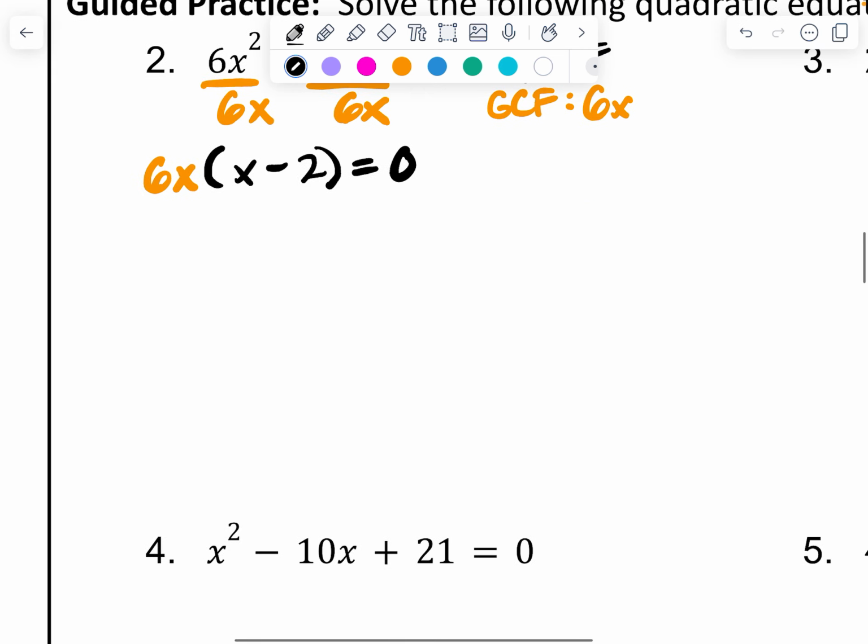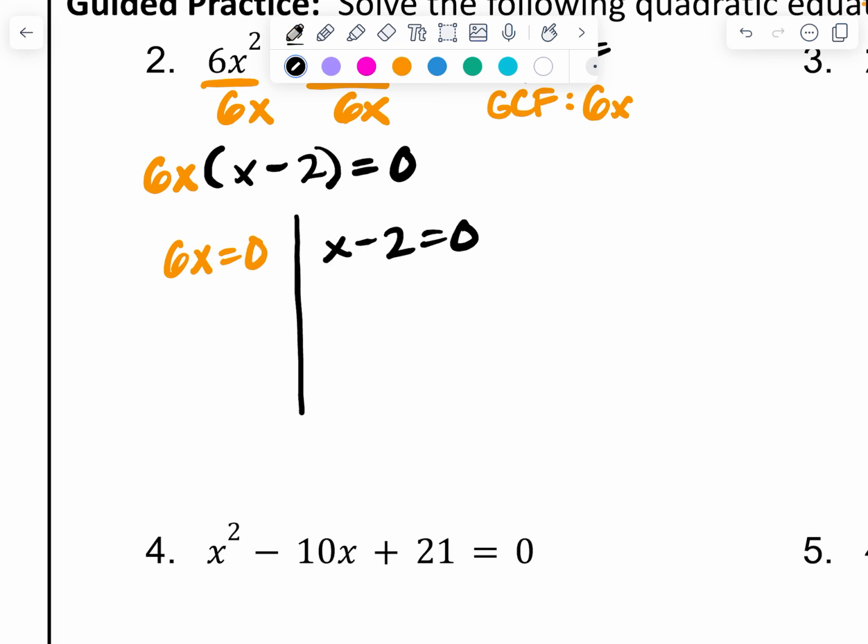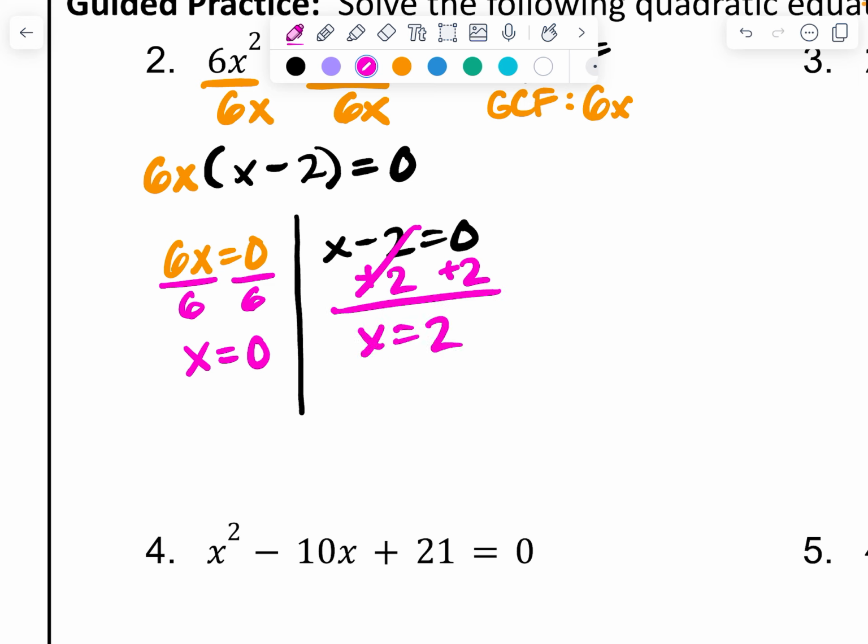So 6x times x minus 2 equals 0. So this is fully factored, and now I set each factor equal to 0. 6x equals 0, or x minus 2 equals 0. So x would equal 0, and x equals 2.